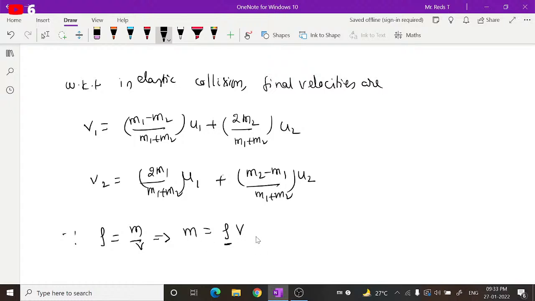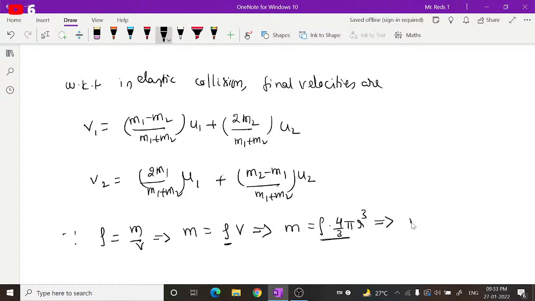So from this you can say that mass is proportional to volume, and the volume of a spherical ball is 4 by 3 pi r cubed. So mass equals density, which is a constant, into 4 by 3 pi r cubed. 4 by 3 pi is a number, density is also constant, so this entire thing is a constant.